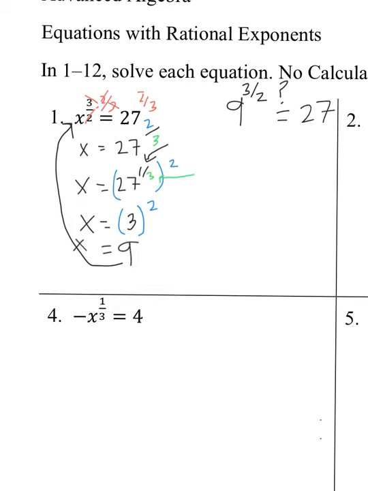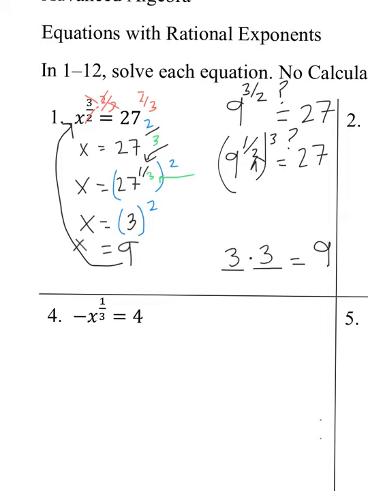Remember, 9 to the exponent 3 halves can be written as 9 to the 1 half cubed. Does that equal 27? Well, what is 9 to the exponent 1 half? This 2 tells us that we need two numbers to be multiplied together to give us 9, two of the same numbers. And that's 3 times 3. And then this number on top in the numerator tells us how many of those 3's we take.